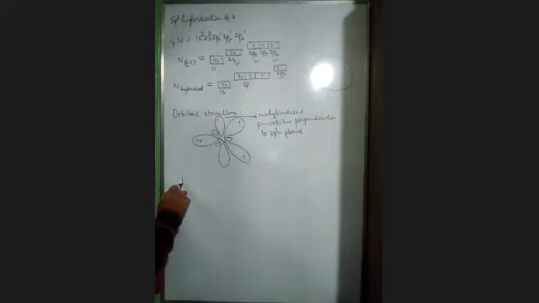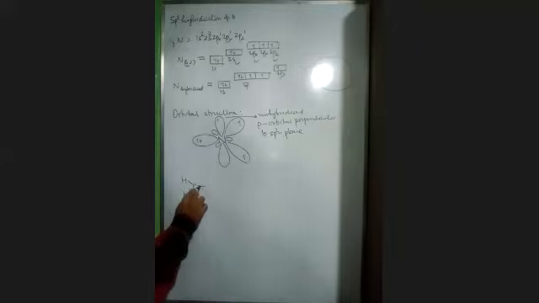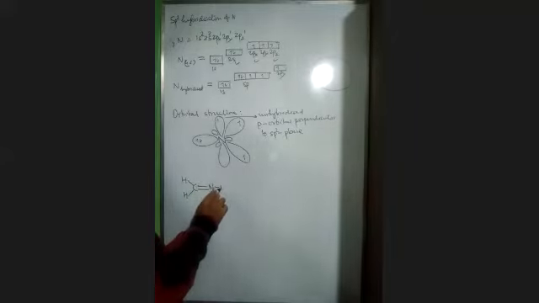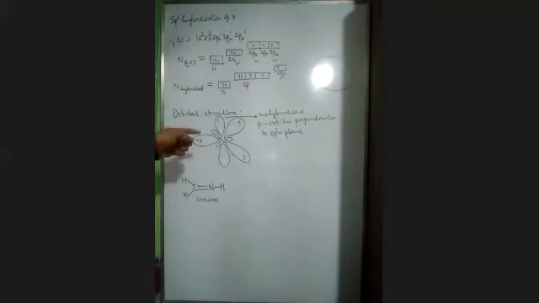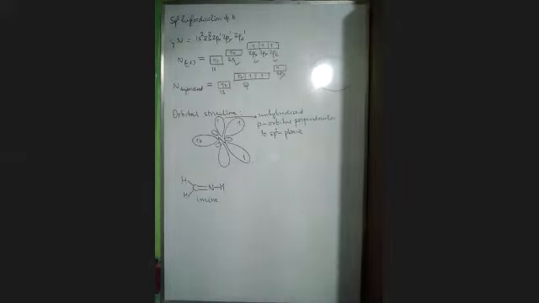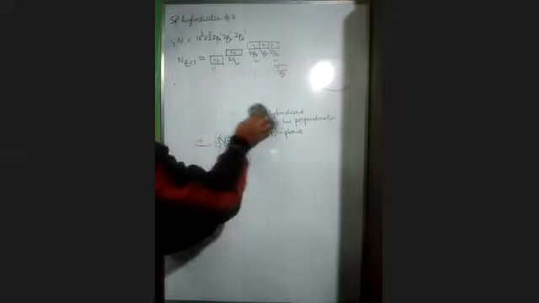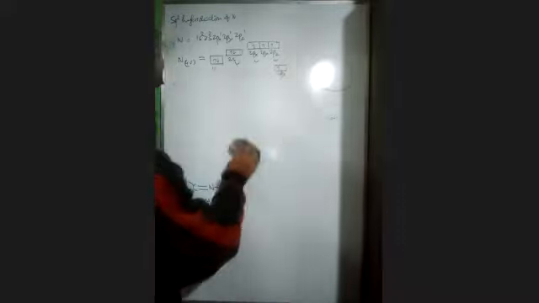Now we are going to draw the orbital diagram of this molecule. Okay, this class of compounds are called imines. So first you draw. Okay, now I'll draw it like this.